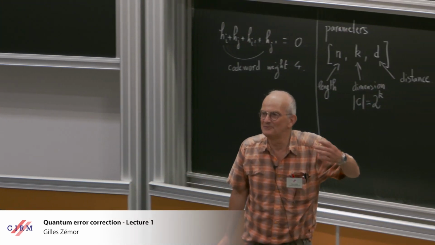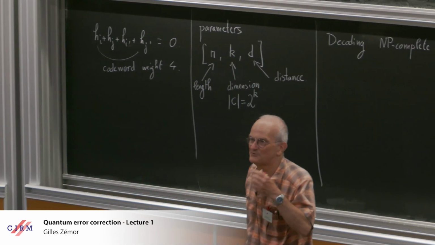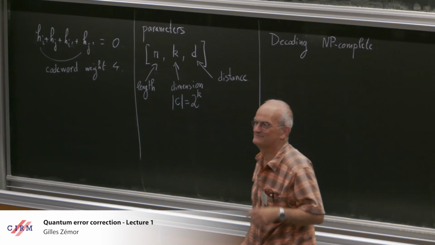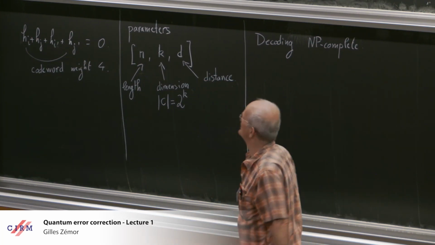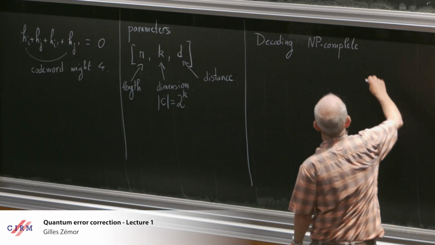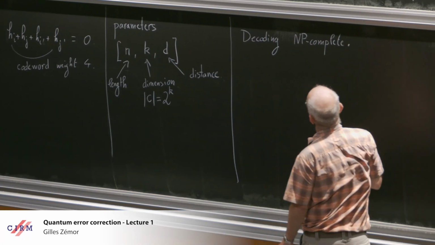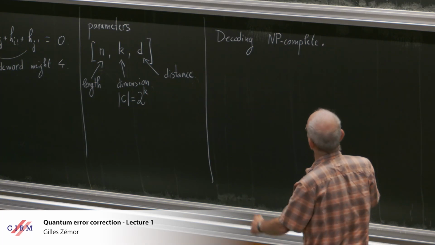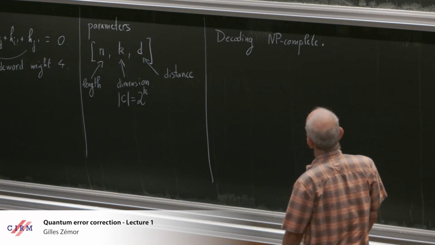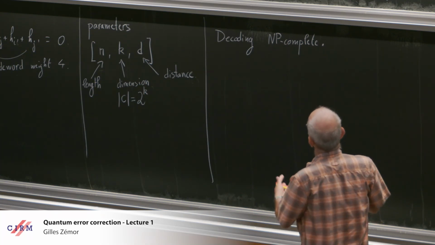It's fortunate for people who do cryptography, in particular post-quantum cryptography, because you can recycle this to construct interesting crypto systems. That's another story, and I won't be telling it. But this is a real issue.